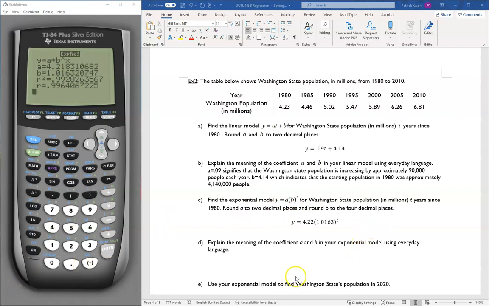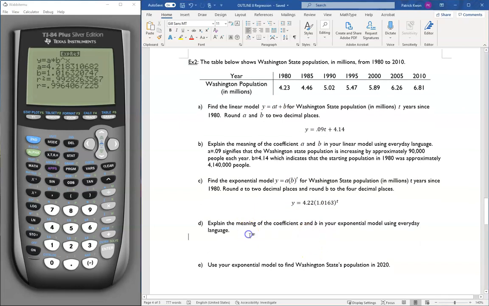All right, so I have entered in the equation for our exponential regression. Notice here our r squared value is 0.9928. So again, this is also a pretty good representation or a good model that we have here.